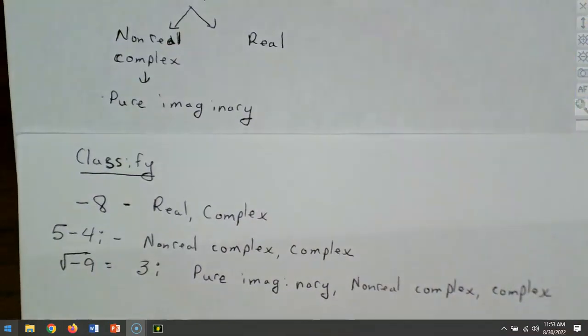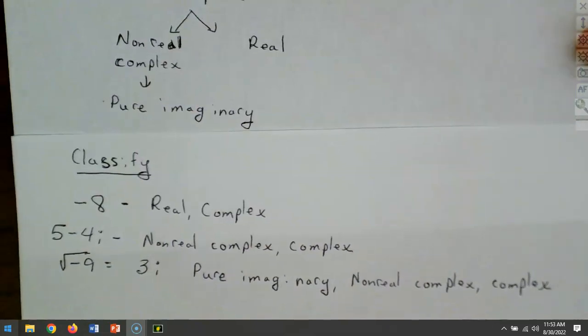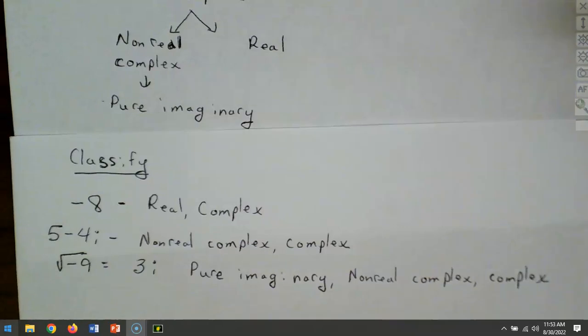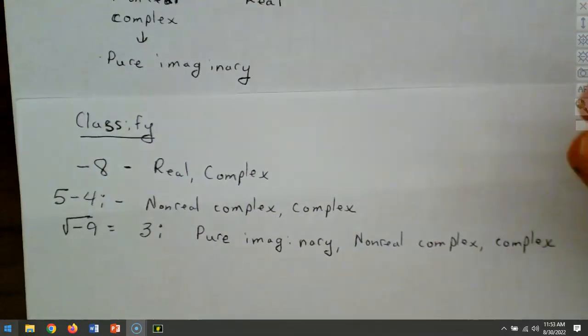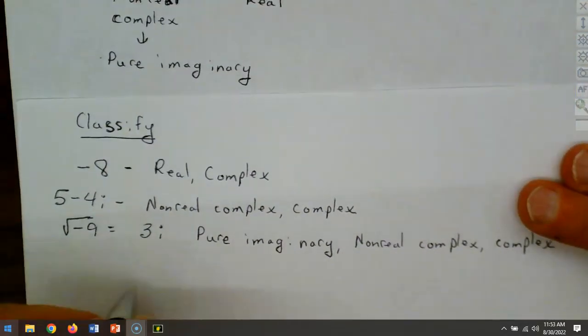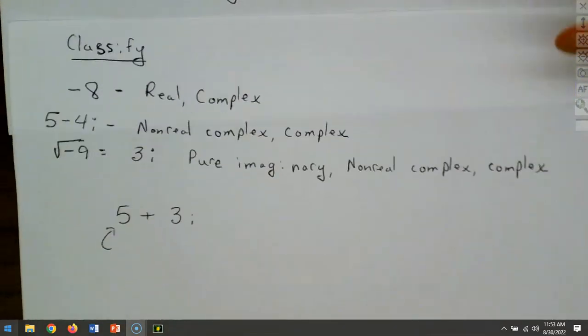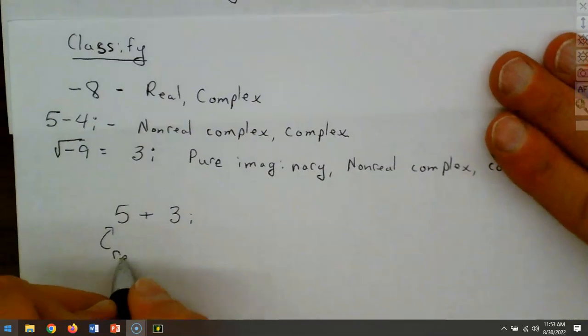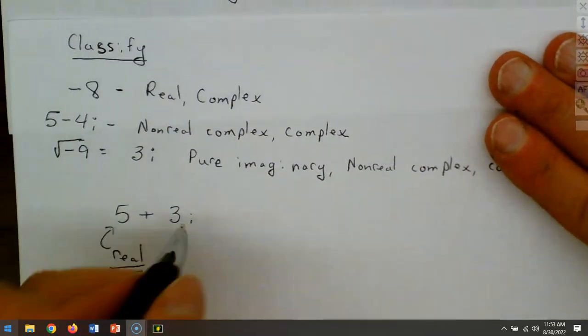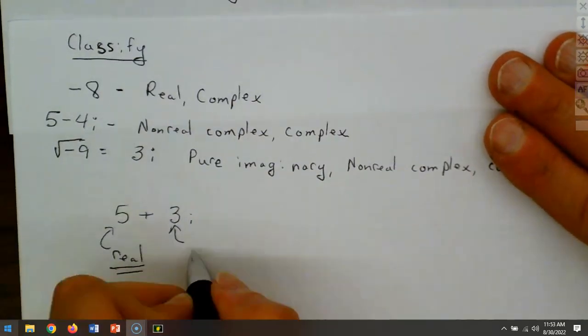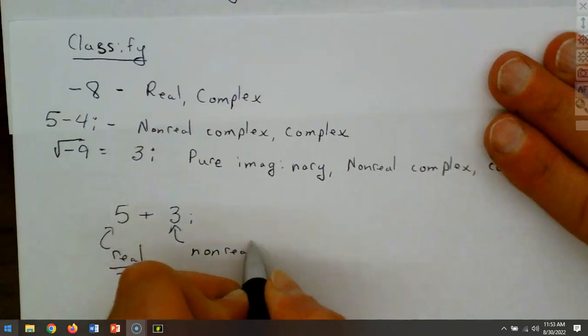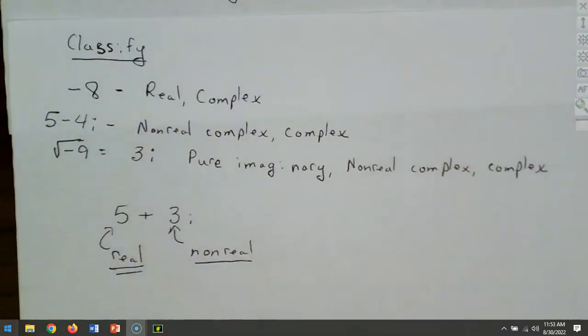Okay, pure imaginary means, I'll explain, it only has a non-real part. So this number, let's say I give you this, 5 plus 3i. That 5 out in front, when I talk about a number like that, is the real part. This 3i is the non-real part, because it has the i.